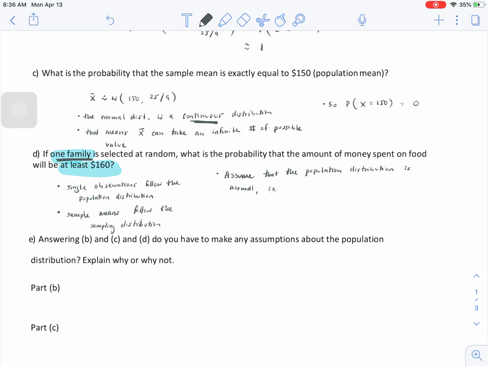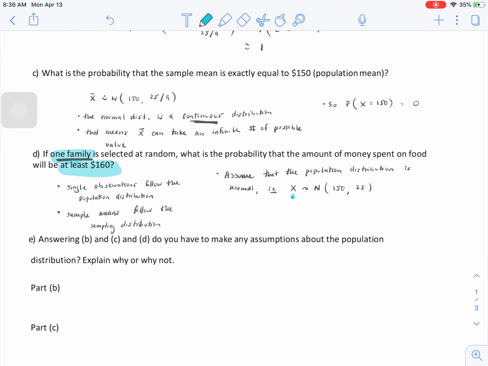In other words, that x, notice I'm not saying x bar, x, just a single observation, is normally distributed with mean 150 and standard deviation 25.